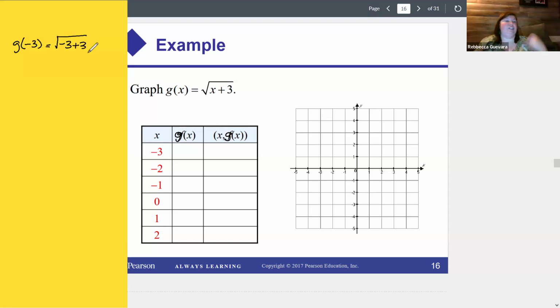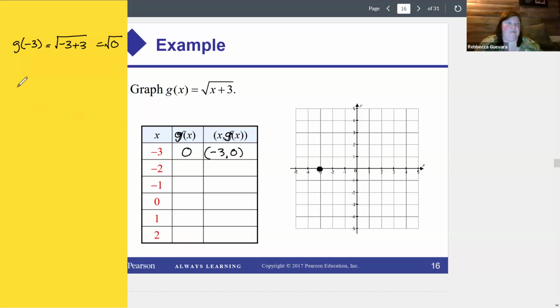Order of operations says I simplify that radicand first, which is just going to be 0. So the square root of 0 is just 0. So I have a point at negative 3, 0.